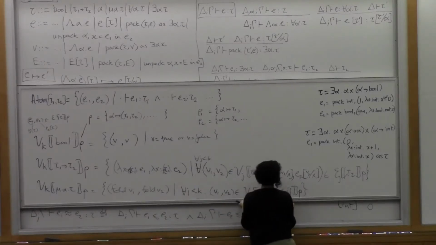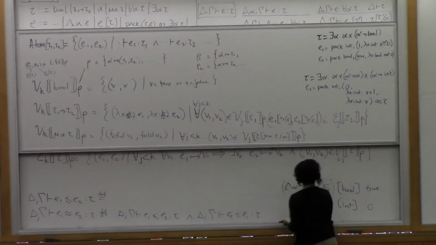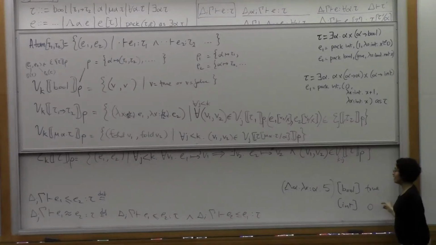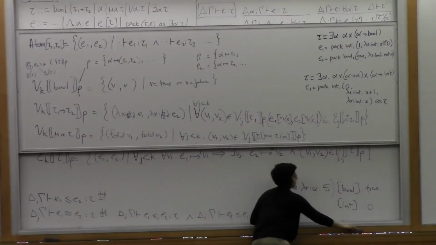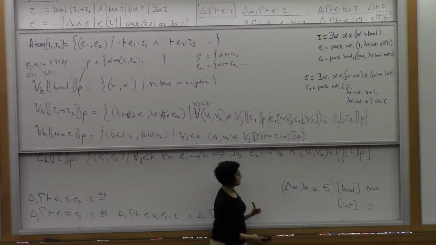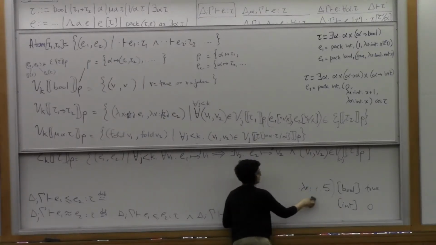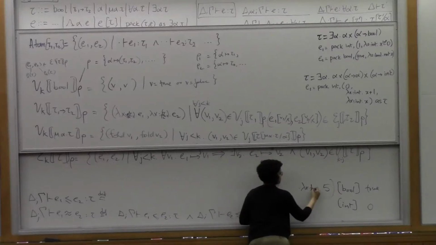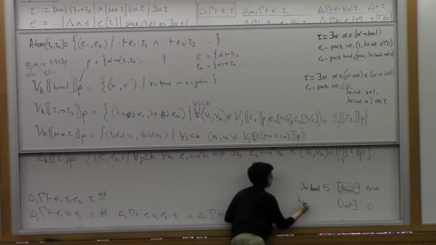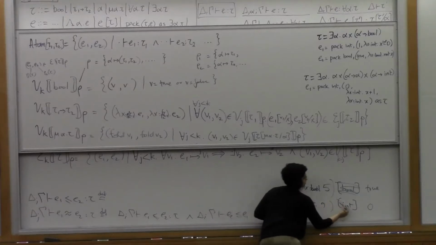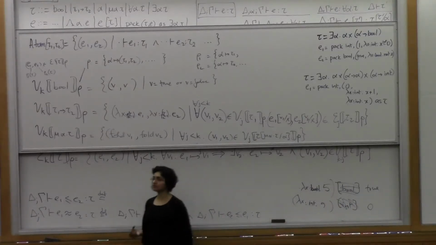Let's take a look at this example. Once we've applied it to the rule, in the first case, we end up with bool size applied to true. And in the second case, we end up with int size applied to 0. That's your concern, right?